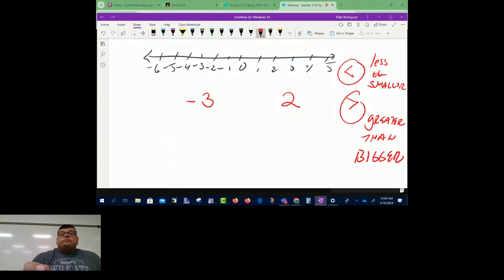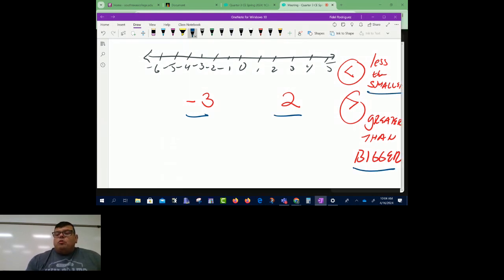So the question I'm trying to figure out is, is -3 smaller or bigger than +2? When we look at our number line, anytime a number is to the left of another number, that number is going to be smaller. So we would say -3 is smaller than 2.